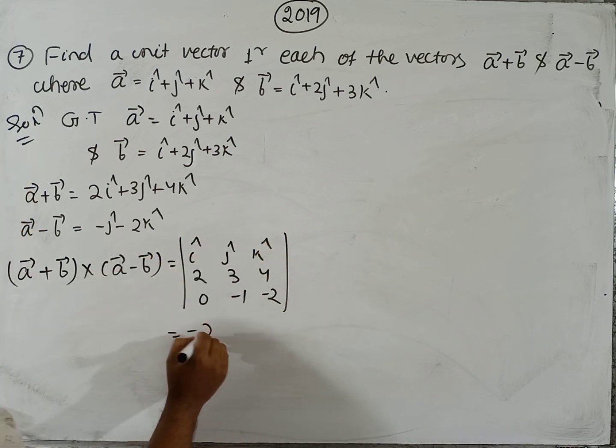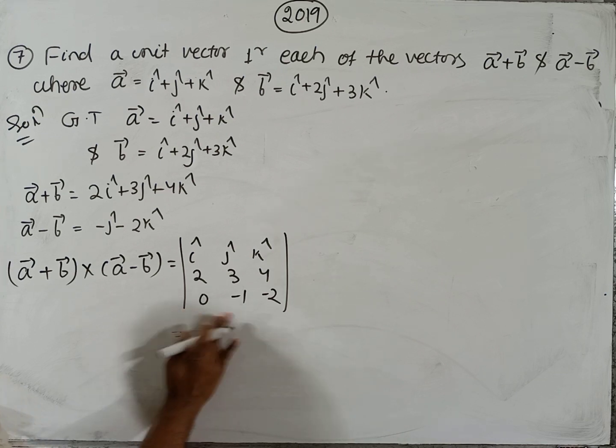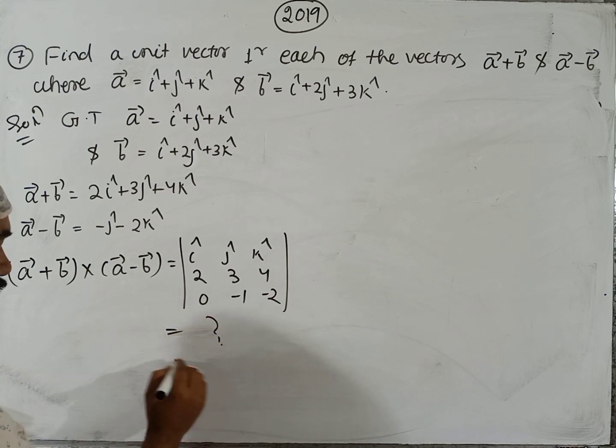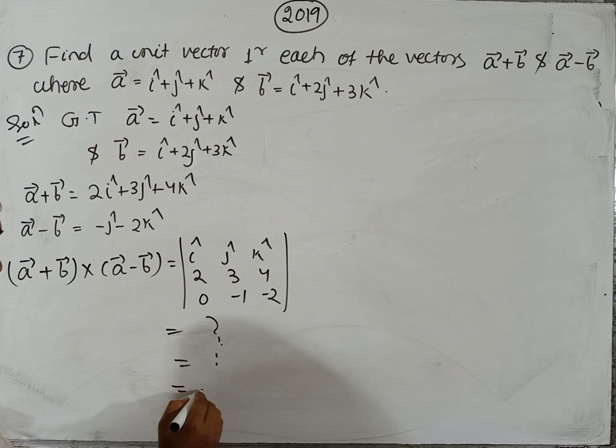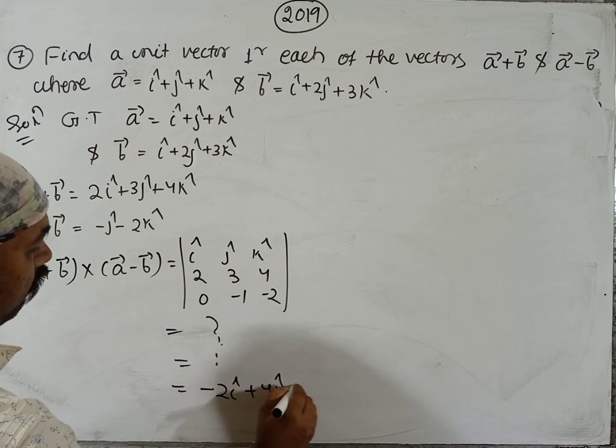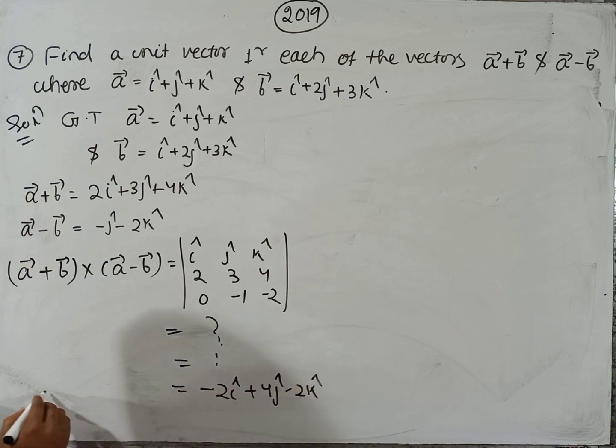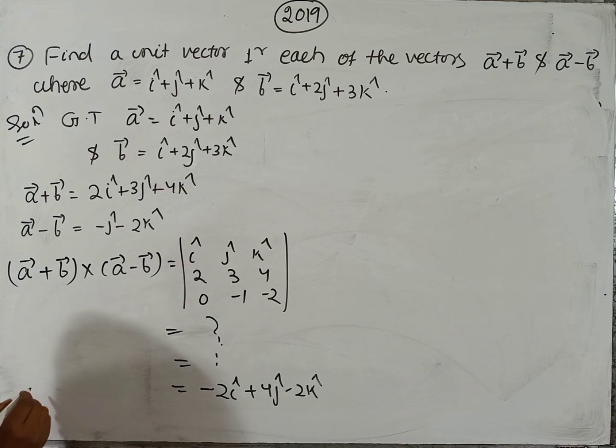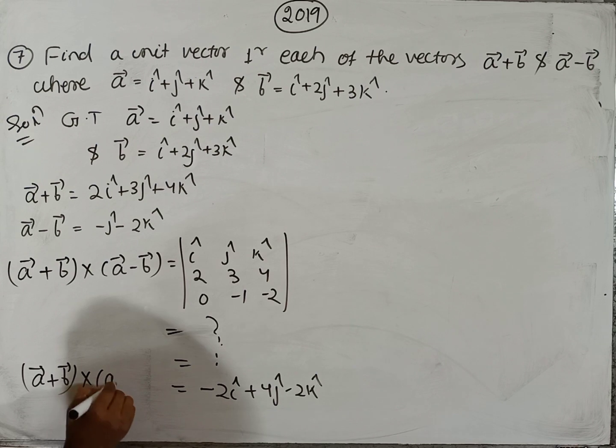And after solving 2 or 3 steps, you will find it is minus 2 i cap plus 4 j cap minus 2 k cap. And here it is the value of the cross product of A vector plus B vector and A vector minus B vector.